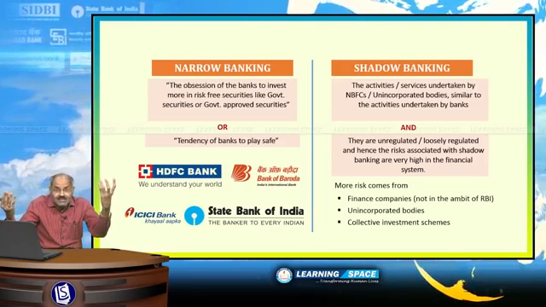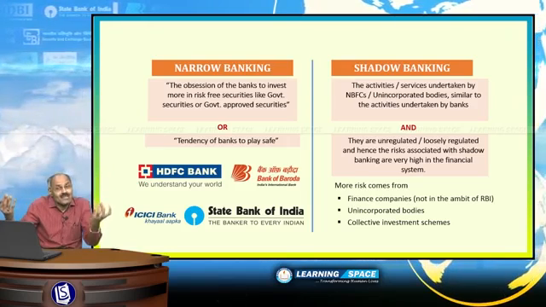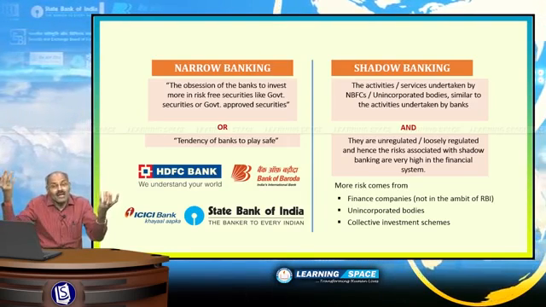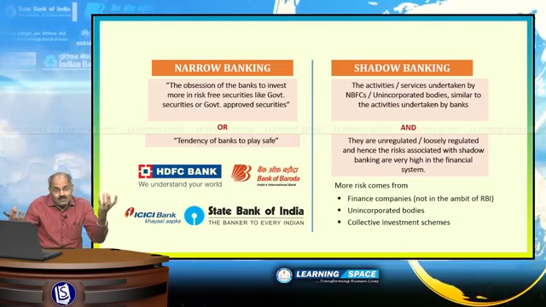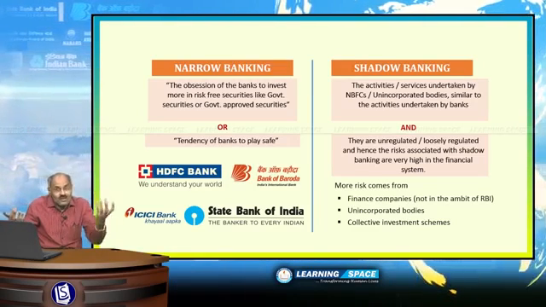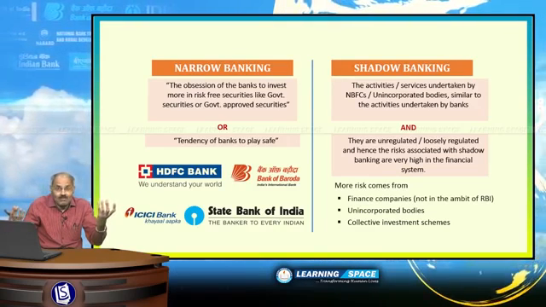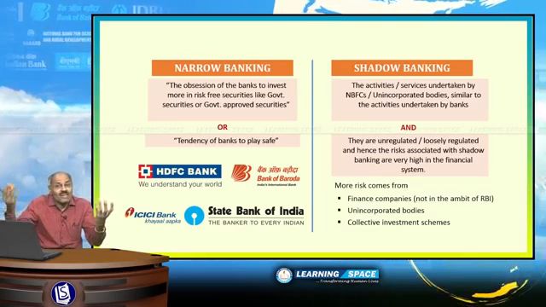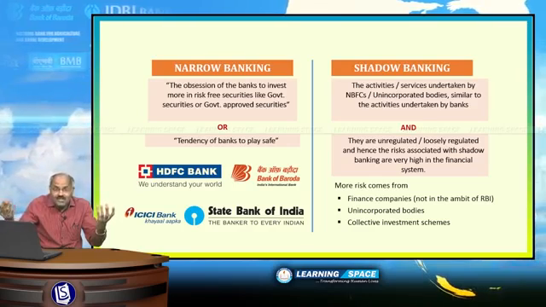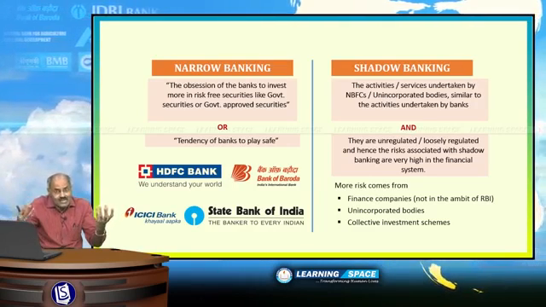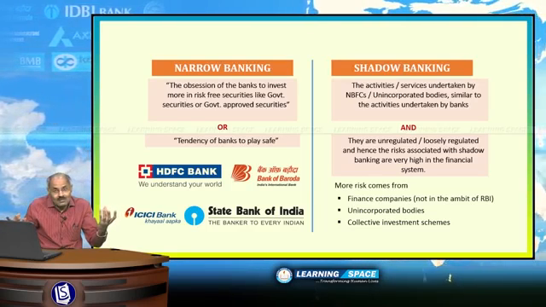So, the activities which are being undertaken by banks are also being done by other non-banking financial companies. Whatever the banks are doing, except some operations like demand deposits, these non-banking financial companies are also doing. So that's why the operations undertaken by non-banking financial companies are known as shadow banking.